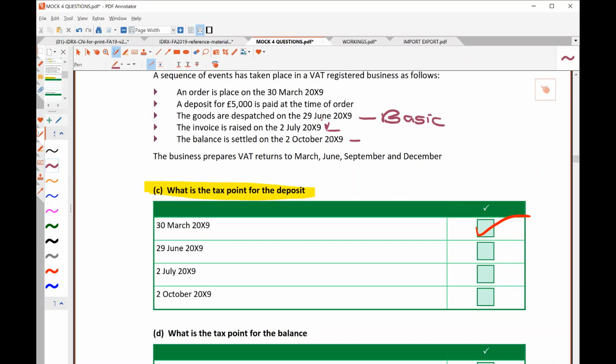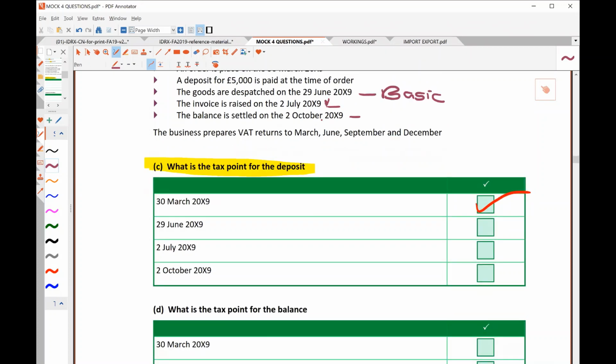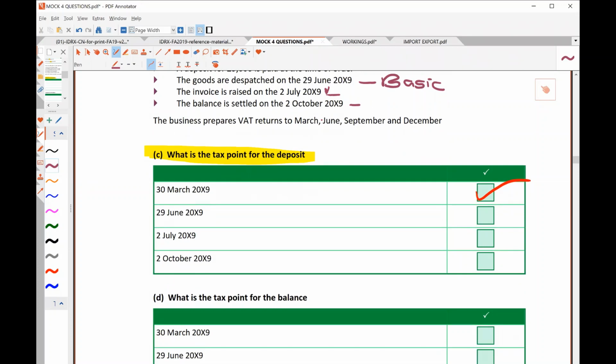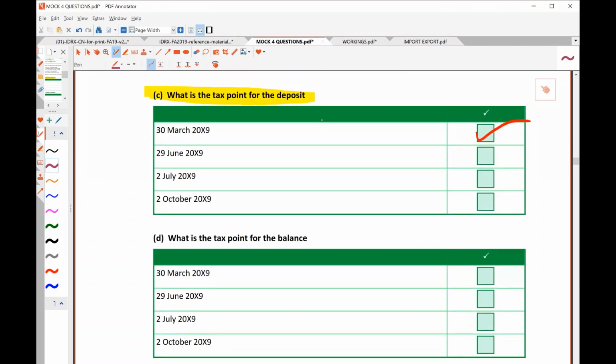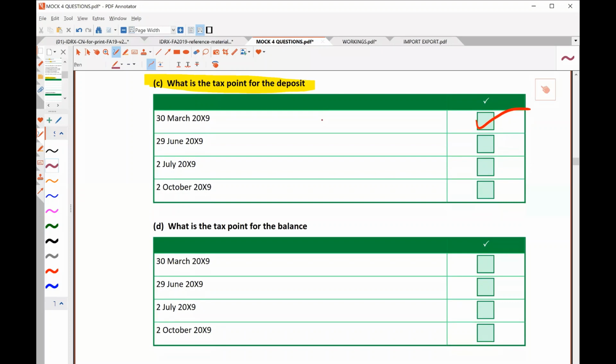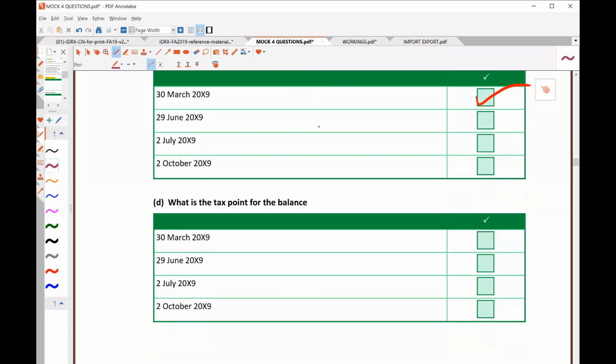So therefore, do we keep it as the 29th of June, or do we use the tax point of the 2nd of July? What are your thoughts on it? What does everybody else think? Yeah, you agree? Brilliant. 2nd of July it is. Correct. Well done, everyone.